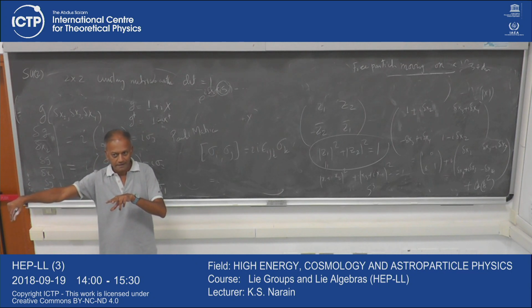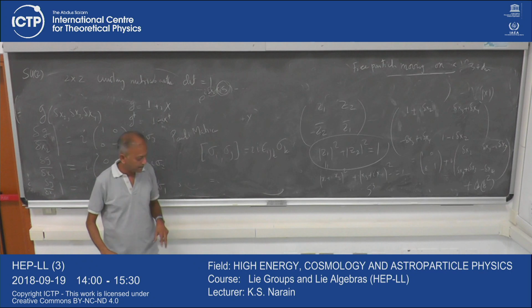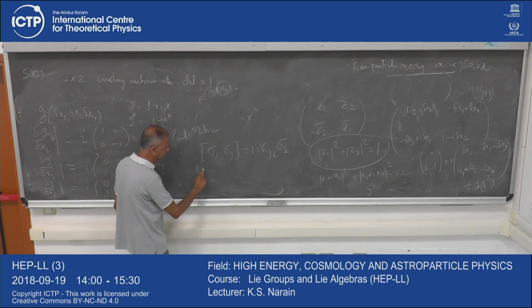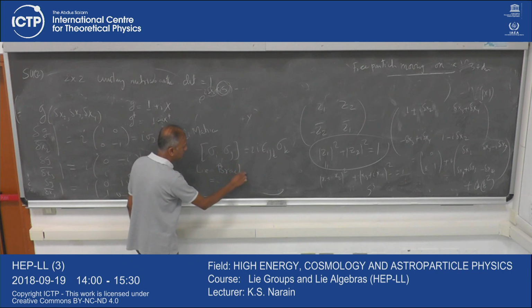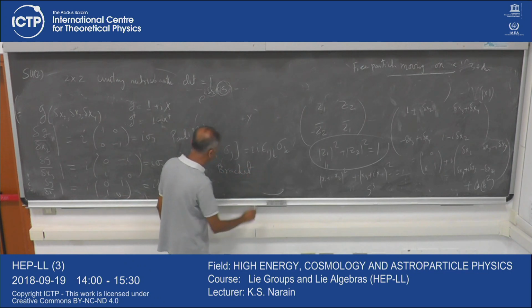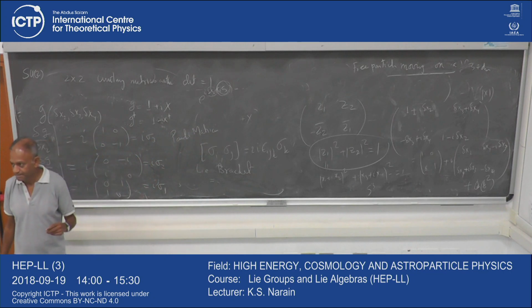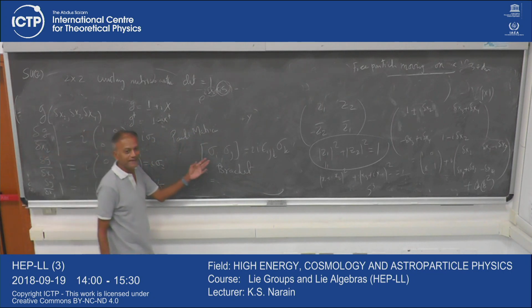This is called the Lie algebra structure, or Lie bracket structure. This satisfies the Jacobi identity. That is obvious because it is matrix multiplication.